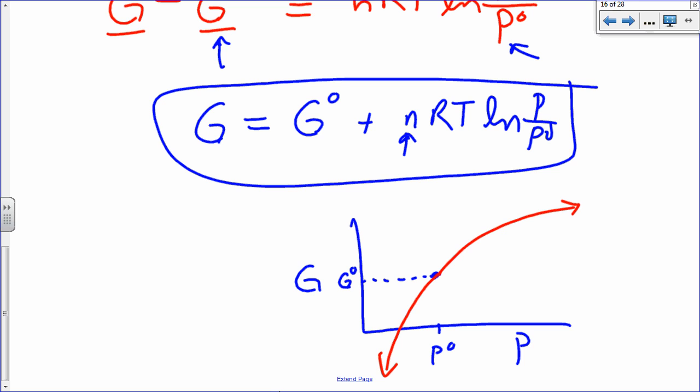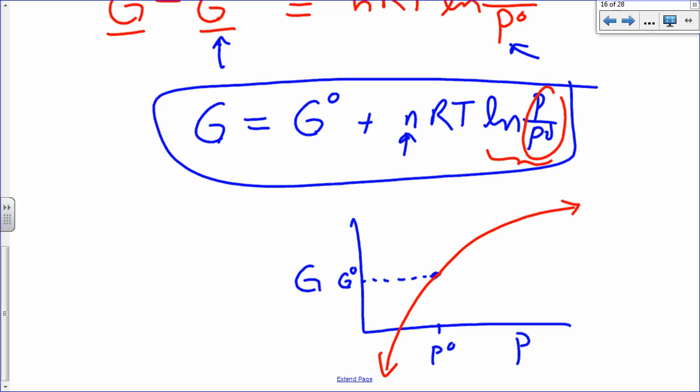Think of it this way. When P is less than P naught, the natural log of a number less than 1 would be negative, so G would be less than G naught. So you see this left side right here. And when P is greater than P naught, this is going to be a positive number, so G naught plus a positive number, so G would be higher than G naught.